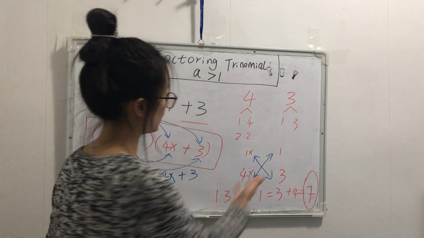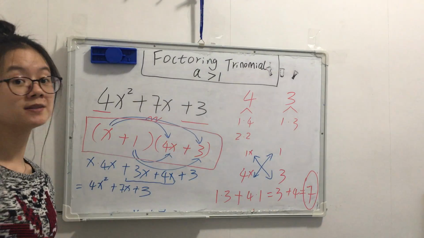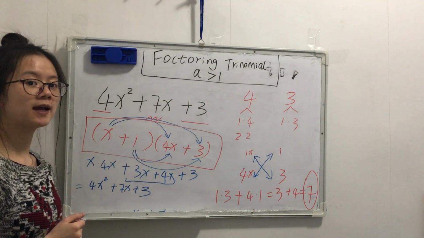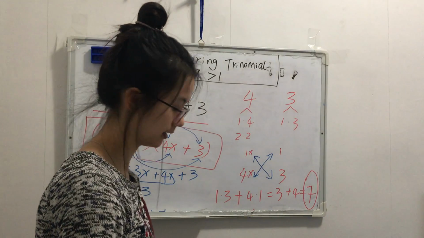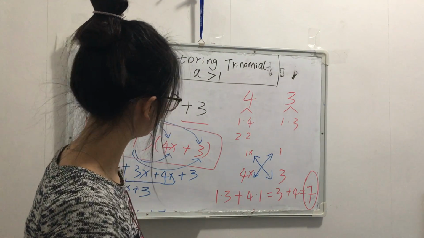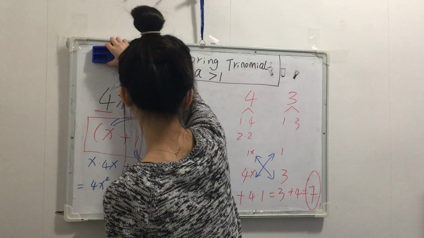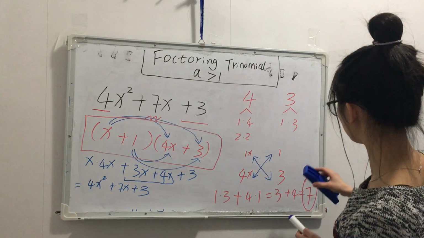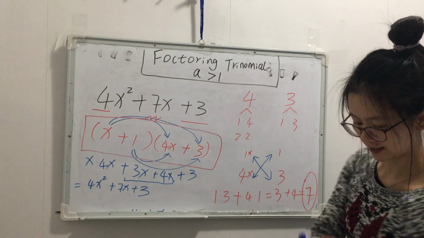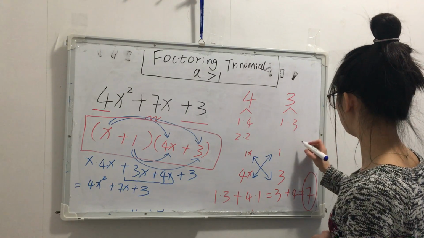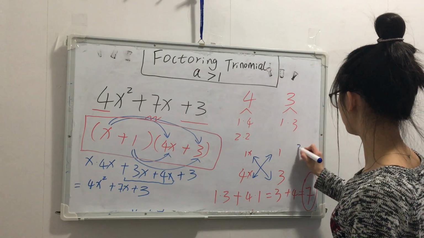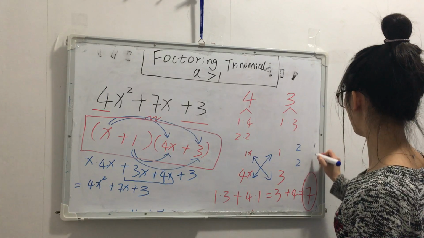Or we can try another combination to see if we get the same answer. For example, if we don't have this combination, how about we write another one? How about we try 2, 2, and 1, 3.